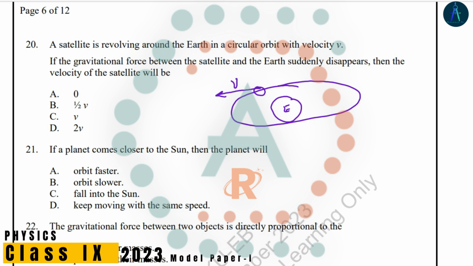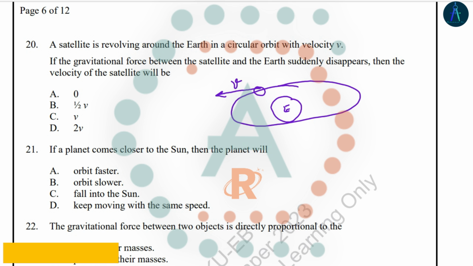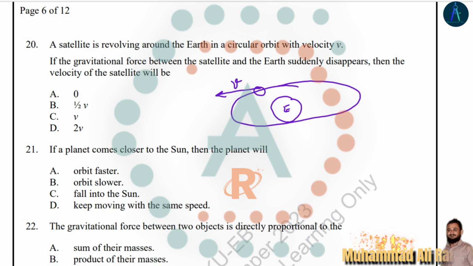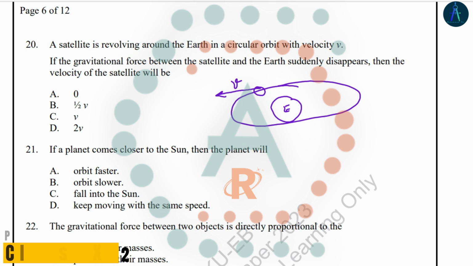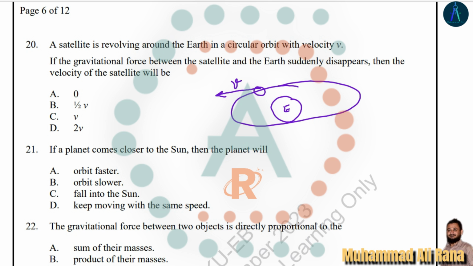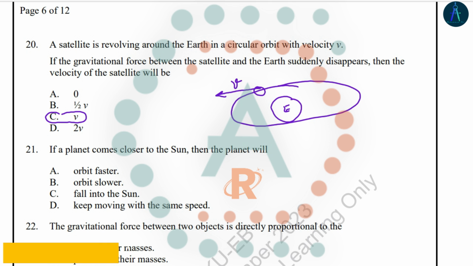This is the direction of velocity in a circular path, and if this force, which is also the centripetal force, disappears, then the satellite will continue to move with the same velocity but not in the circular path, but tangent to the circular path. So the velocity of that satellite would remain as it is, that is option C.